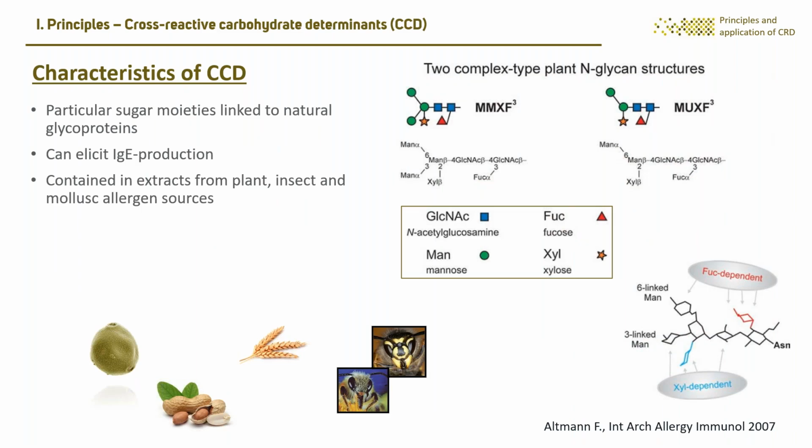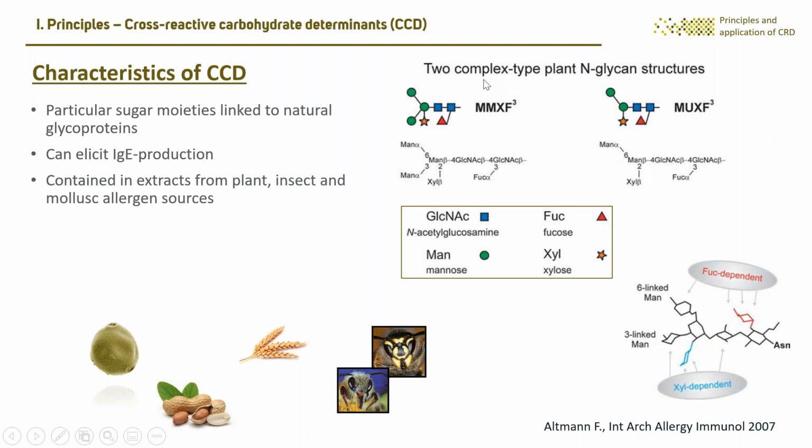So talking a little bit about CCDs, what are these? Most proteins are glycoproteins. It means that in addition to the protein core, you have sugar side chains, sugar moieties. And considering the huge variety of monosaccharides which are available and the vast possibilities to link them with each other, they can be linear, they can be ramified, etc., you have a huge variety of different sugars which can be attached to the protein.